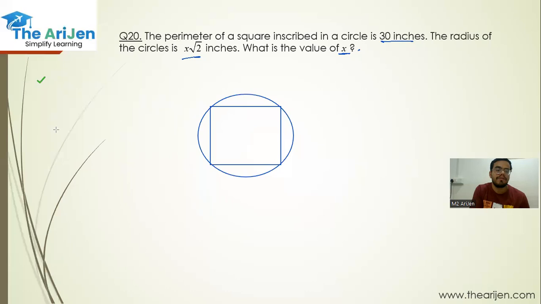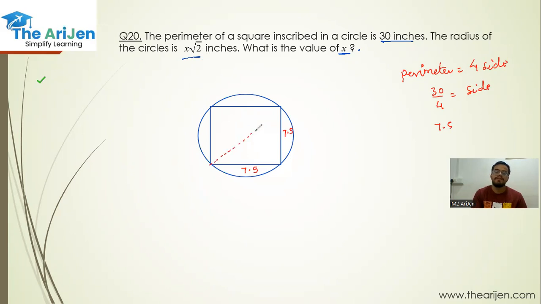So what is given? The perimeter of the square, that is 4 into side, is 30. So 30 by 4, your side value would be 7.5, right? So this is 7.5. And the radius of the circle is x root 2.